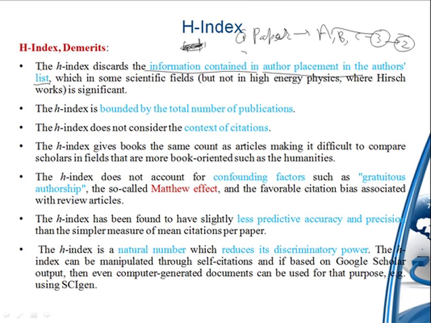Similarly, in another paper, the authors are D and A, 2 authors, and its citation is also 2, but here author A is common. Author A is common in this authors list, so the H index for author A is equal to 2. This is one of the demerits, but there may be some corrections to solve this problem.